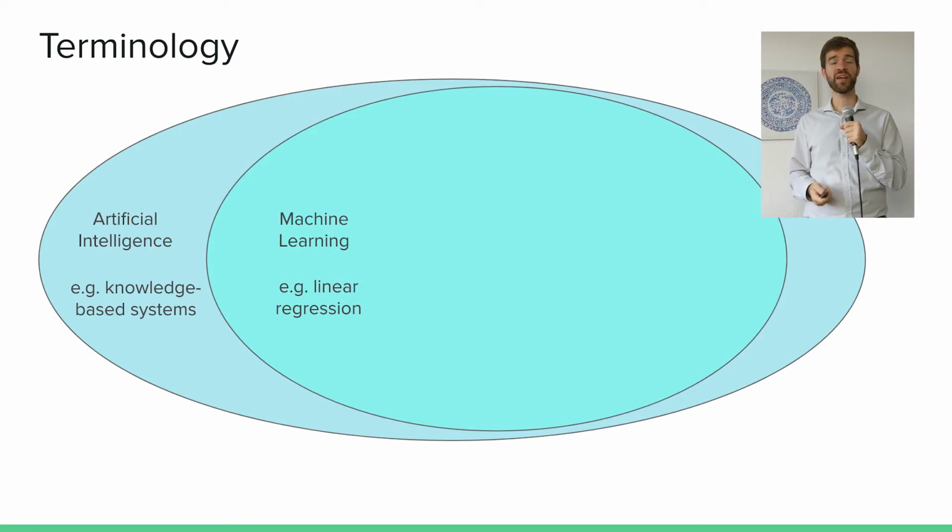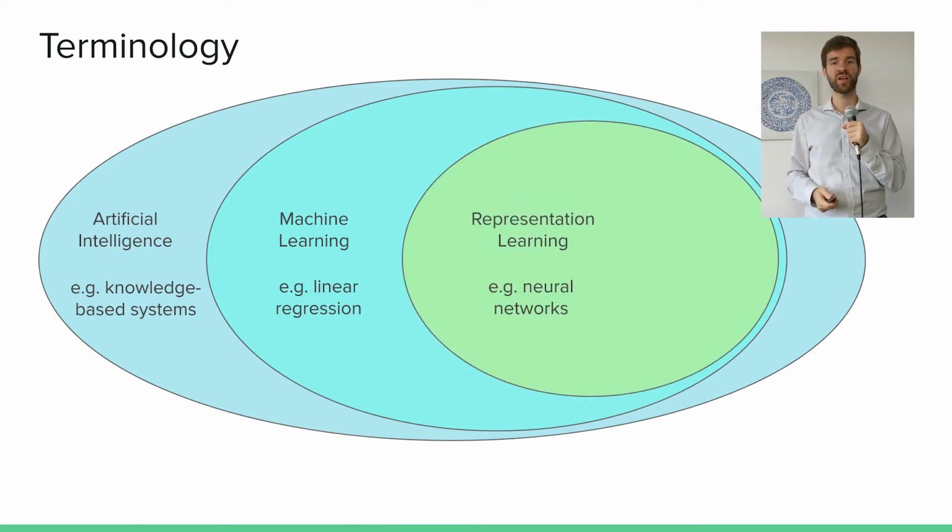Inside machine learning, there is a subcategory that is really interesting and that we will be talking about a lot, which is representation learning. Here we try to come up with a compact representation of the information that is stored in our data. The most famous example is a neural network, and this is the thing that we will be using a lot.